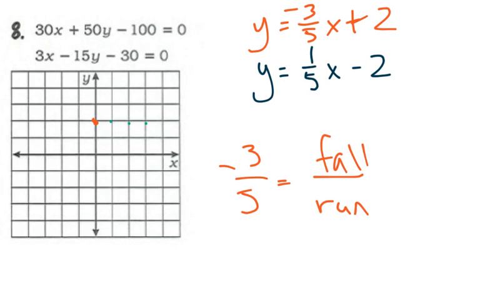1, 2, 3, 4, 5, and then we fall 3. 1, 2, 3. So this is our next point. I'm going to erase all the other dots so we don't get confused.